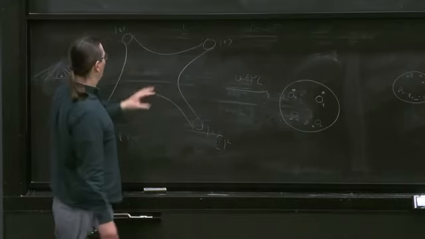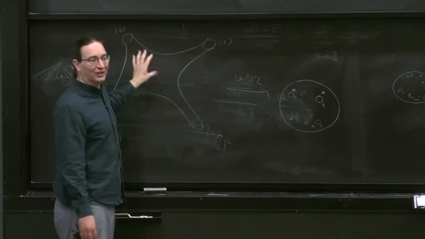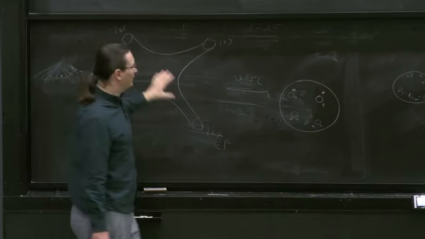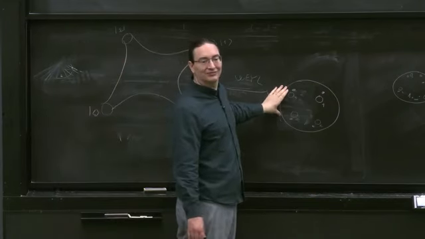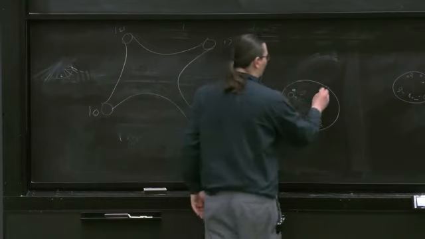Now, where does the complex structure of this surface go? Complex structure is invariant under the Weyl transformation, so it must be going somewhere here. And the only thing it can go to is the positions of these points on a sphere.